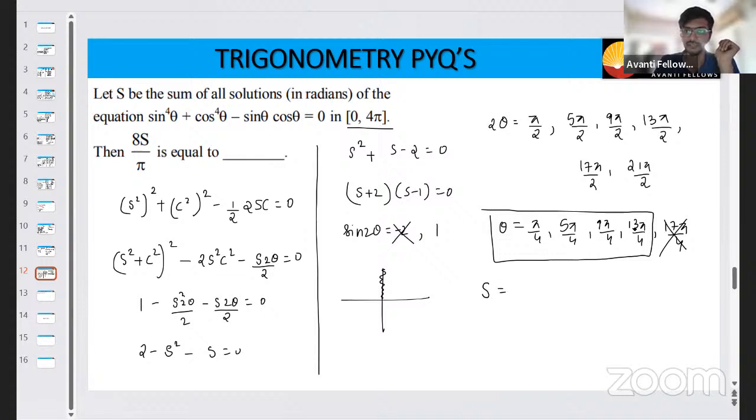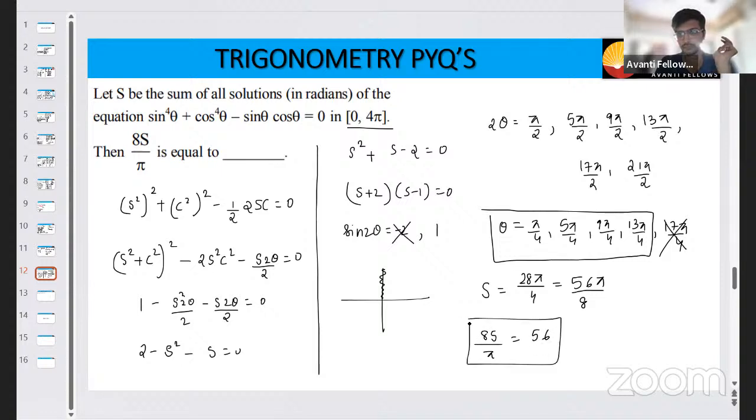So S will be 13 plus 9, 22 plus 6, 28 pi by 4, which is 56 pi by 8. So 8S upon pi is 56. So 56 is our answer.